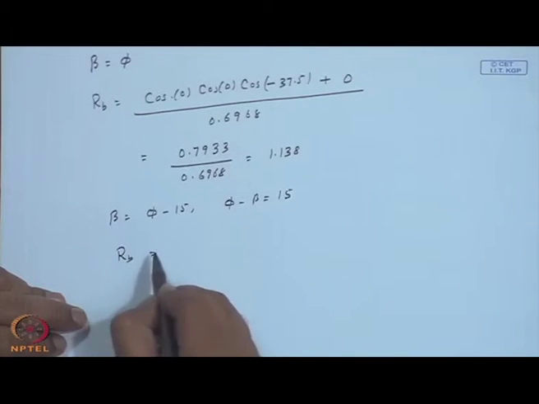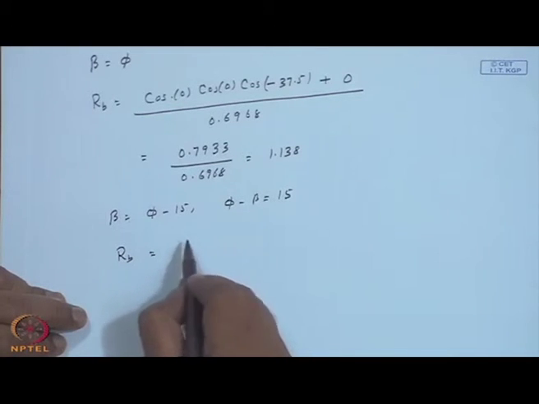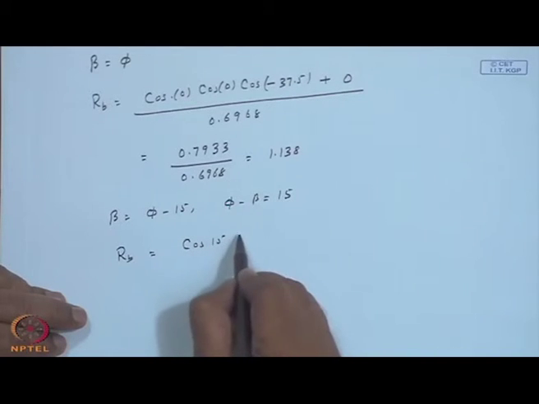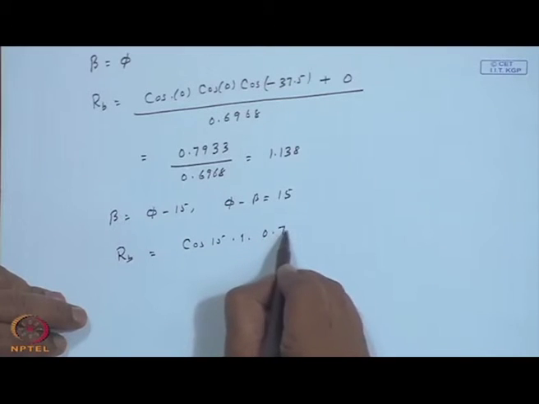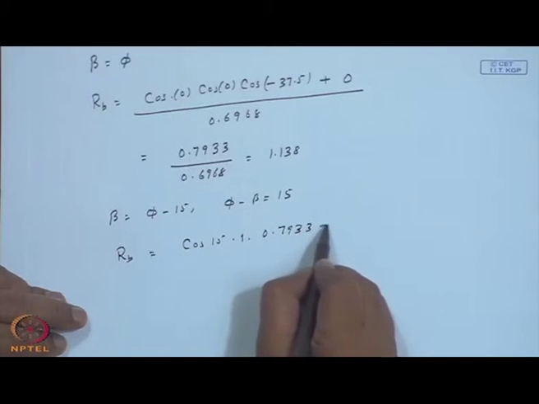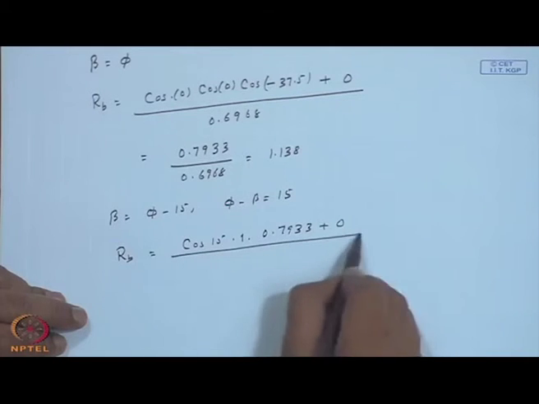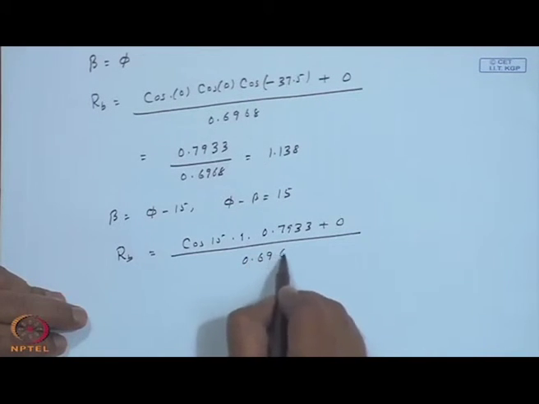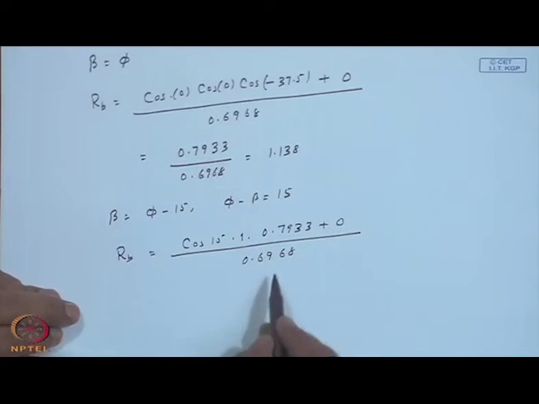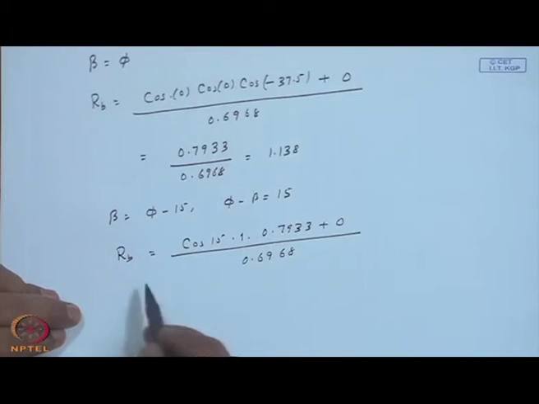So, R B you can write down cos phi minus beta, cos delta is 1 into cos omega is 0.7933 plus this will be 0 because of sin delta upon 0.6968. This is nothing but the cosine of the zenith angle theta z, which will not differ for a given time.